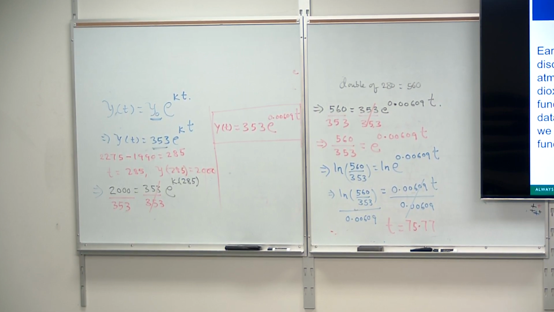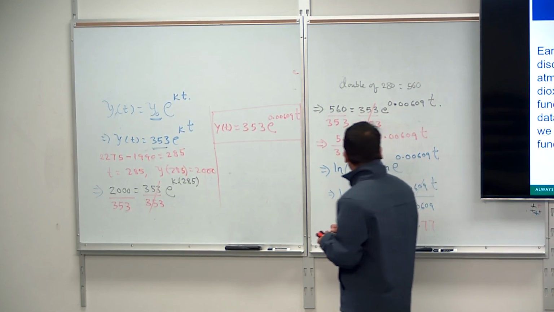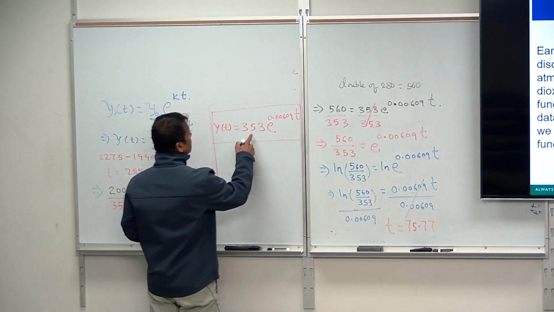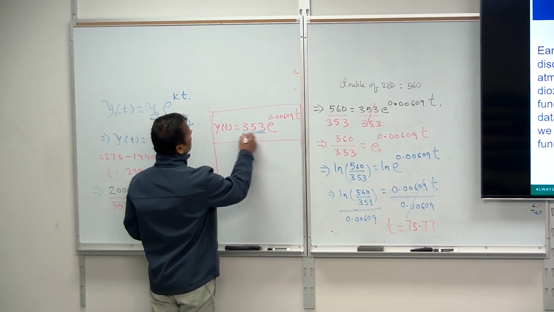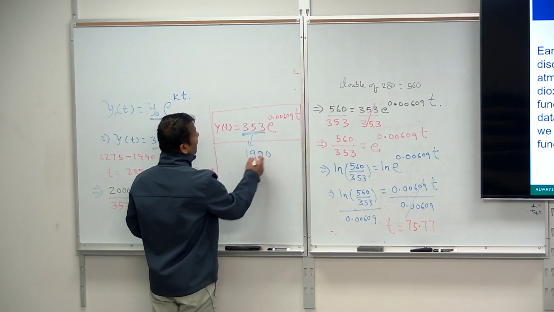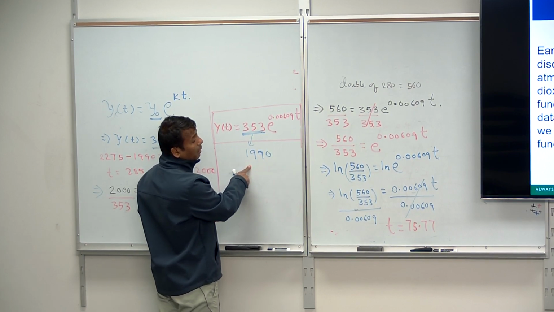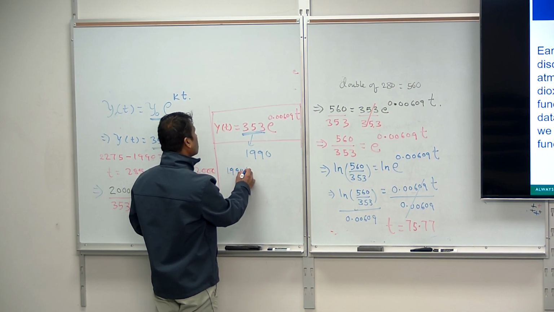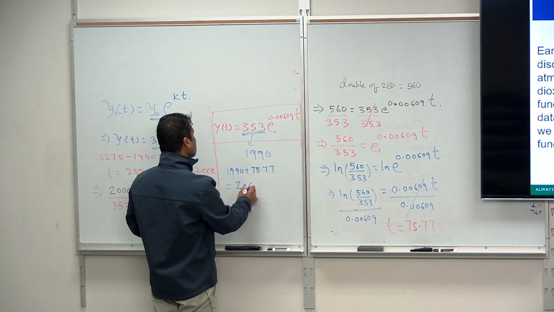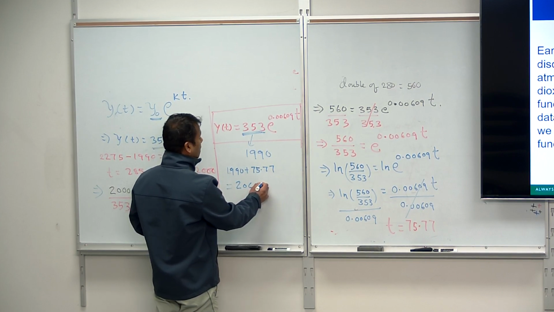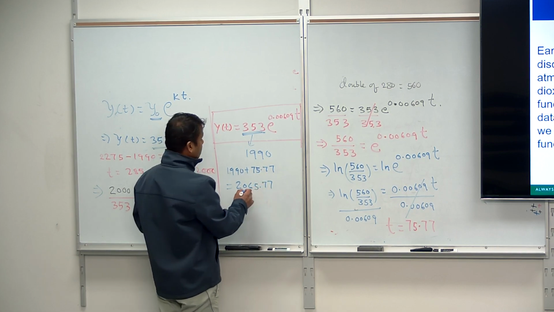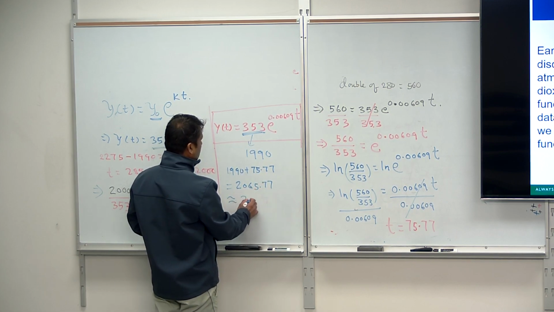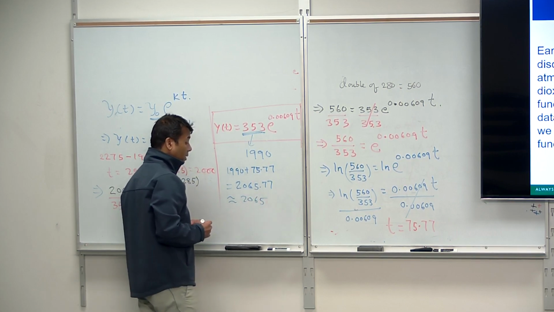You see what I'm talking about, right? So this is the amount present at 1990, and then you add 75.77. So 1990 plus 75.77 is going to be 2065.77, which is during 2065.